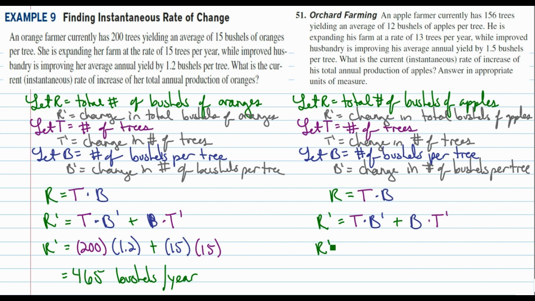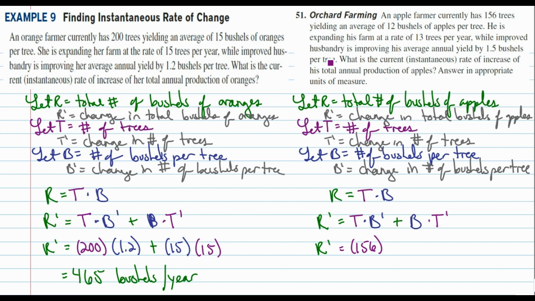So the rate of increase that we are looking at for total number of bushels, again, depending on how many more trees we're going to get and how many more bushels each tree is going to produce, is going to be T, so the number of trees we have is 156, times B prime. B prime is the change in bushels per tree.